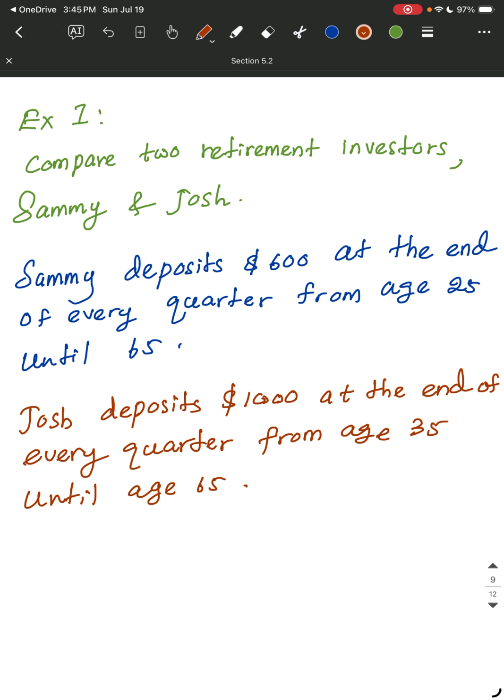Okay, let's see the information, more info. Both accounts earn 6% per year compounded quarterly.